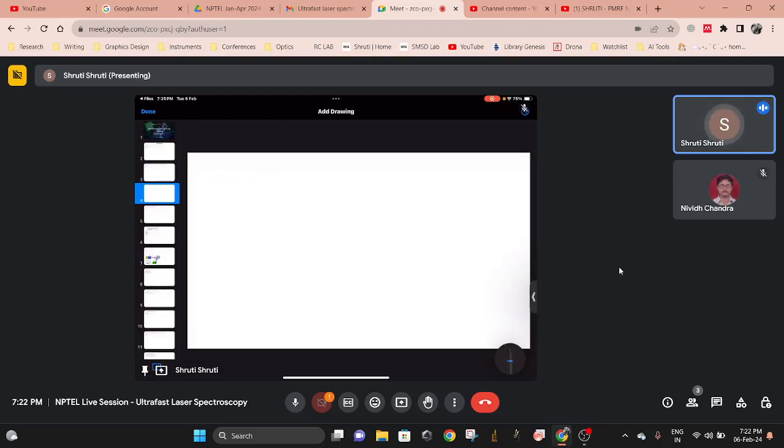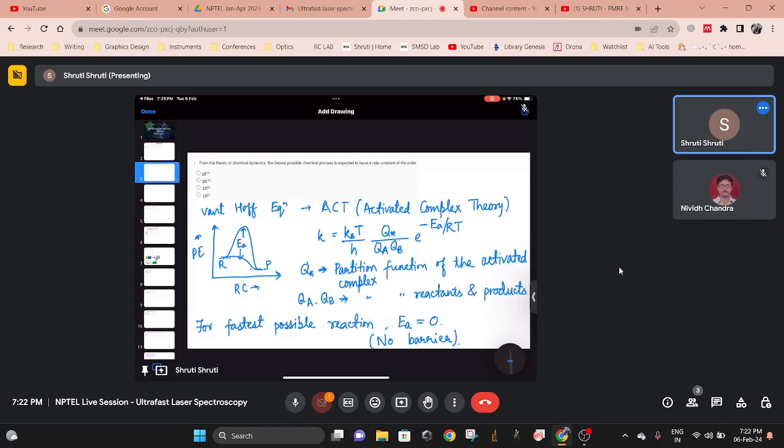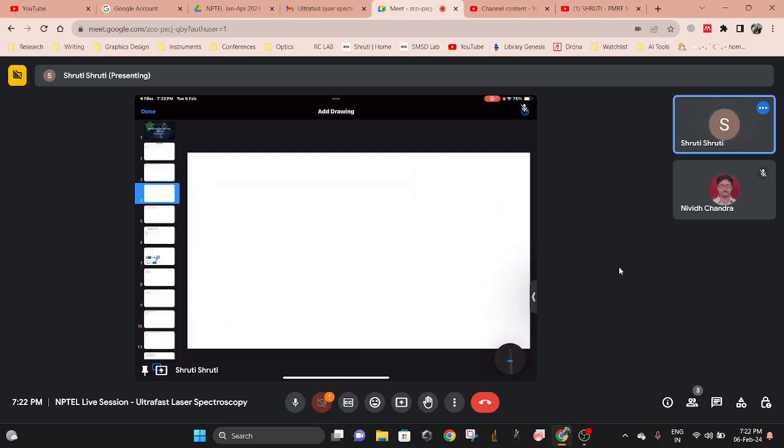Also, we need to make this term equal to maximum. So it's a ratio, it can be 1. All the partition function terms are equal to 1.